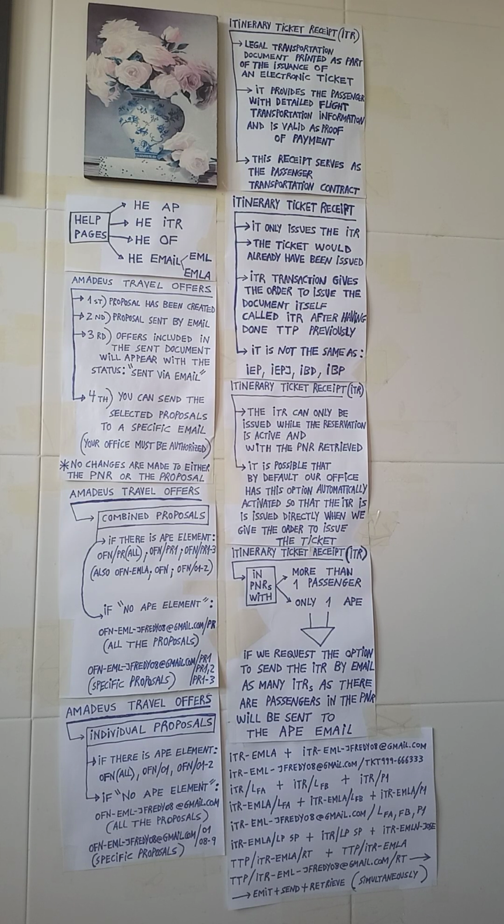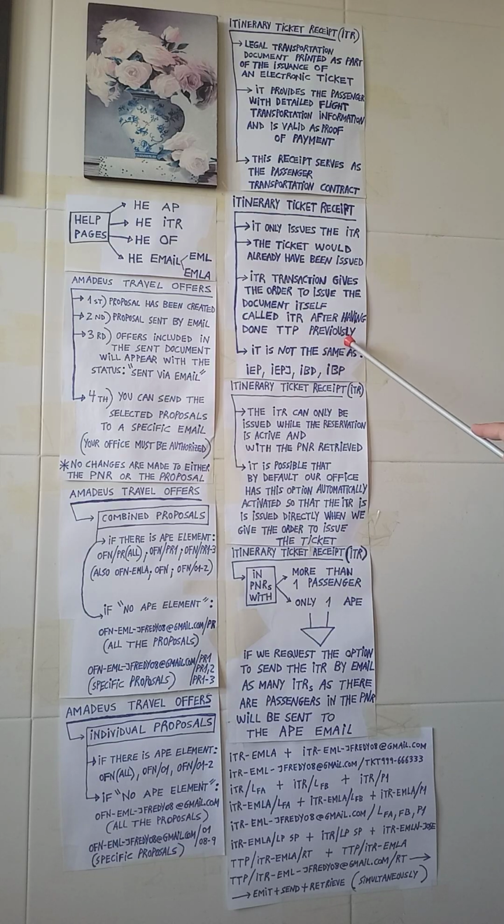Also, I want to remind you that the ticket I refer to in the second paragraph of this page, it means in this paragraph, is also issued using the TTP code.